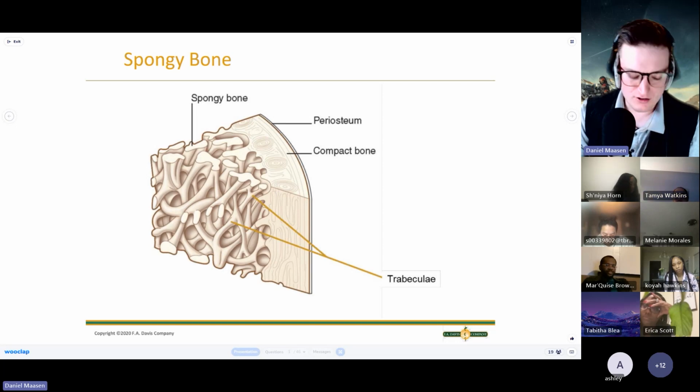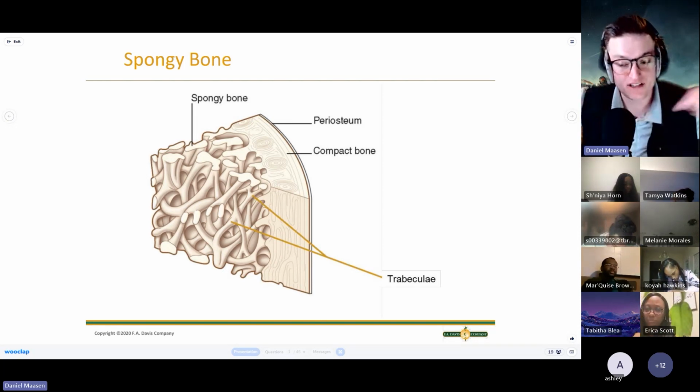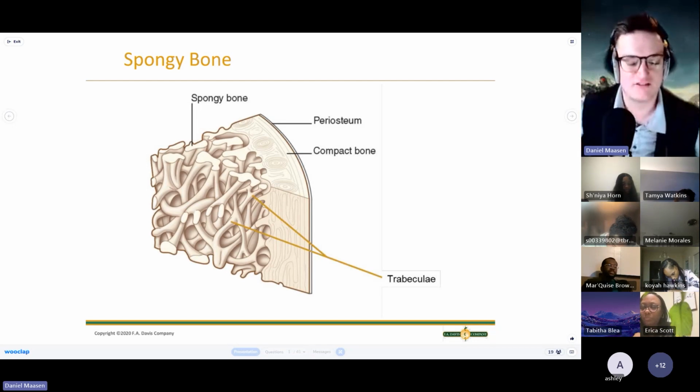I mean, spongy bone is just one of the types of bone. It just has two types, spongy bone and compact bone. Spongy is found in every bone, but also in the epiphyses, the ends of long bone is where it's found a lot too.